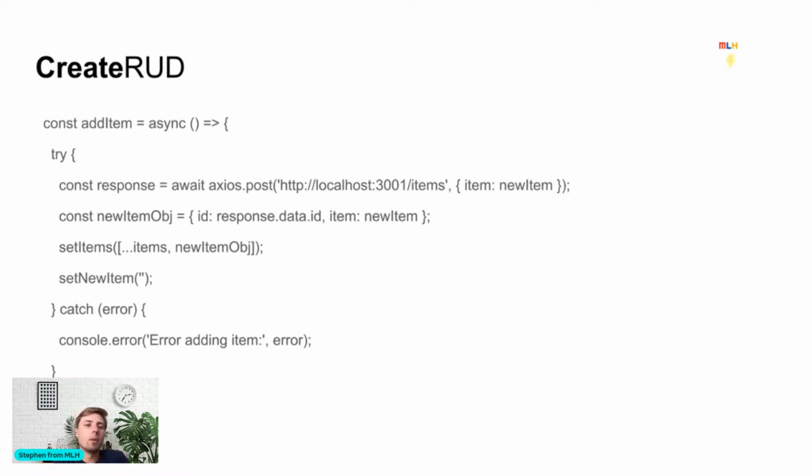So it's going to then update the value of our list. And then we have another use state functional component here, set new item, and our function object. And this is our setter for the new item state. So we return that state to an empty string.